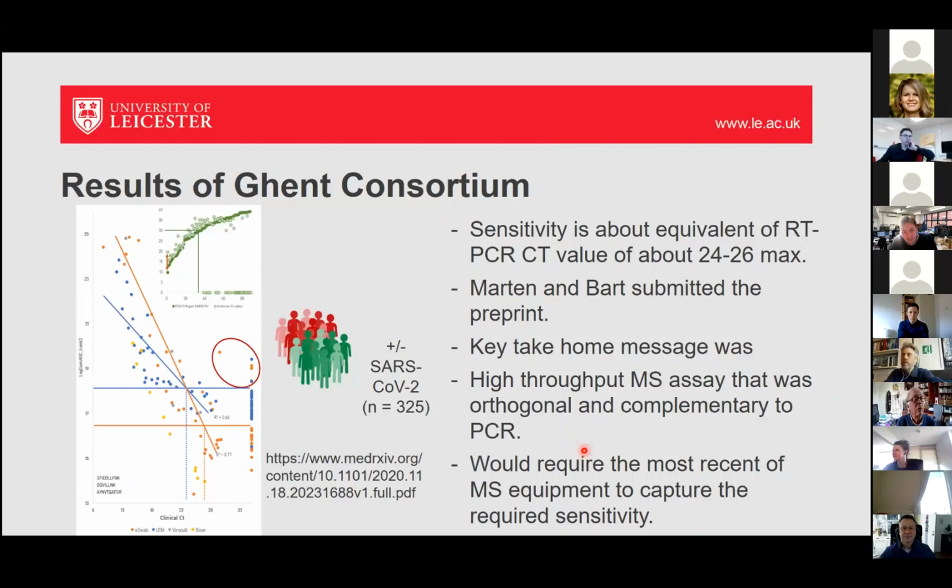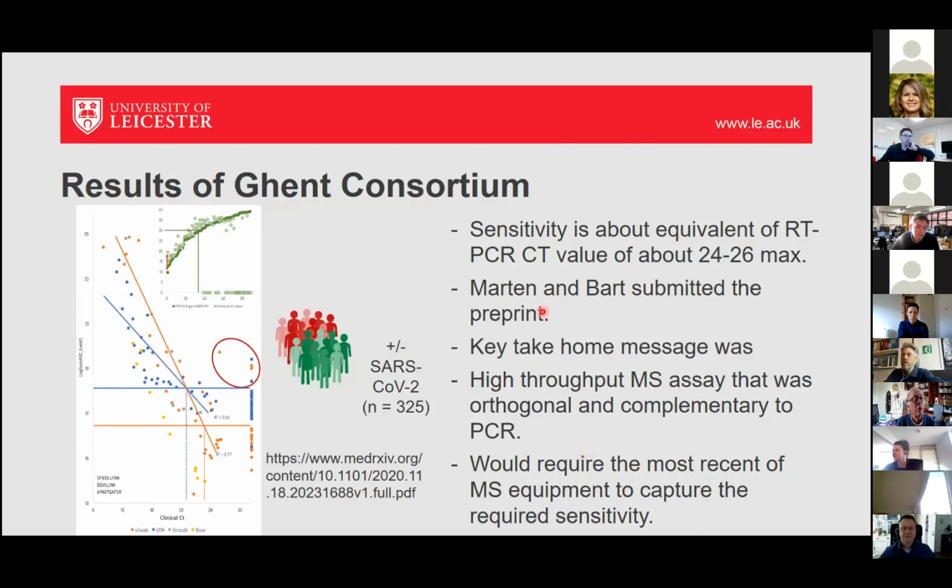The results of Martin and Bart's work were ultimately that they could show linearity of their method for a wide number of different matrices, whether it was universal transport medium, VTM, viral as it's called, and then a salt preservation.